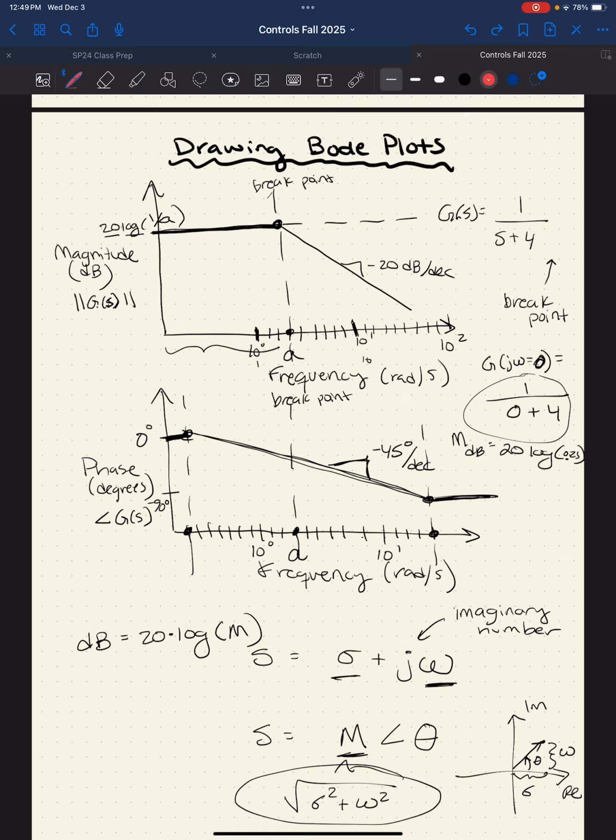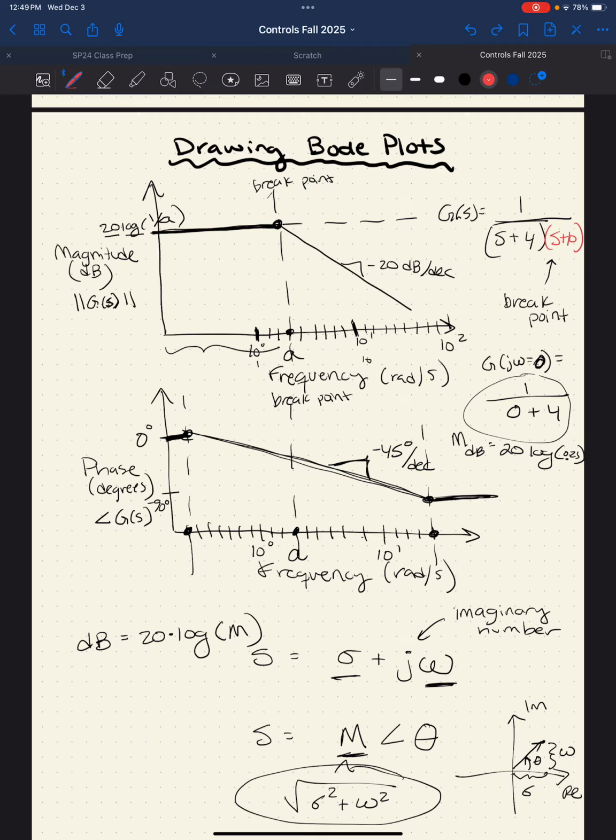And let's say instead I said, I want you to draw me the Bode plot where I add s plus 10. What I need to do is draw the Bode plot for this, and then draw the Bode plot for this separately, and then I will combine them together. But I do it on the same plot. I just do them as 2 different curves.